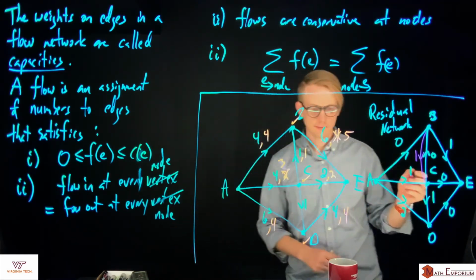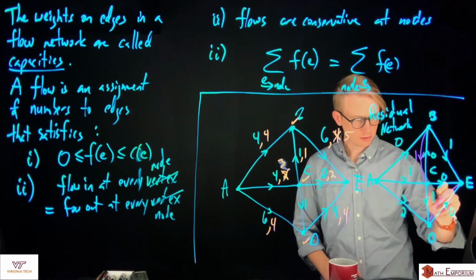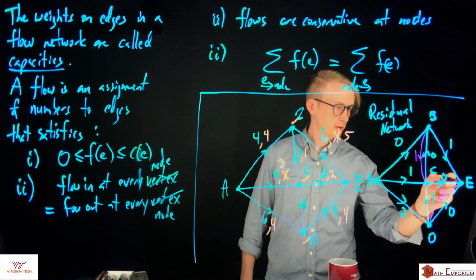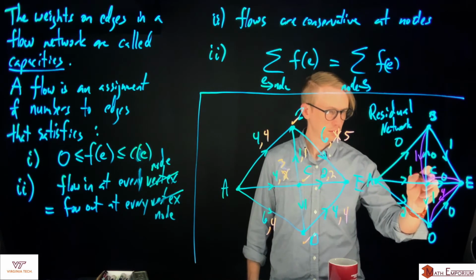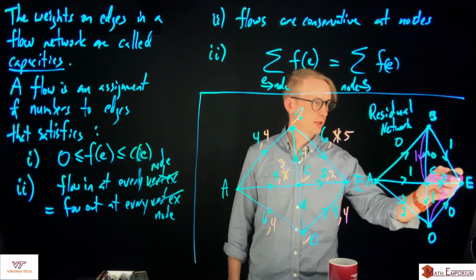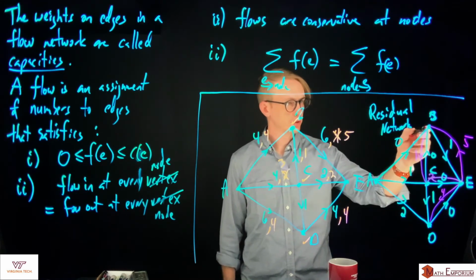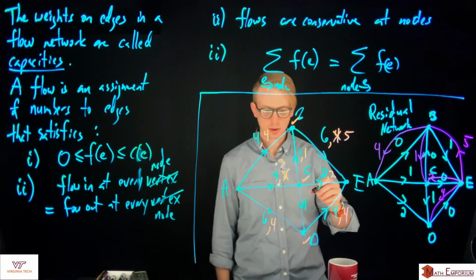Okay. Here I have the option of doing 4 units of flow in that opposite direction. And here, 2 units. And here's 5 units, right? And you can do these. I'll just go ahead and do them all, but it's kind of tedious. Here I can do 4 units in the opposite direction.